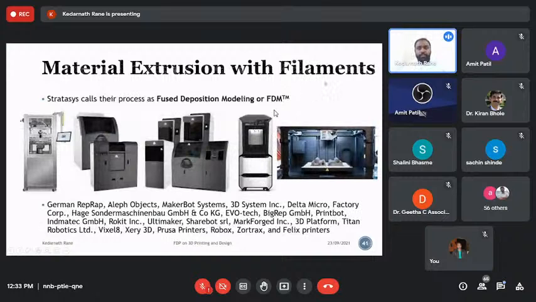Another system utilizes filaments as the kind of feedstock. The filament system is what Stratasys long back commercialized and trademarked as fused deposition modeling for polymers.